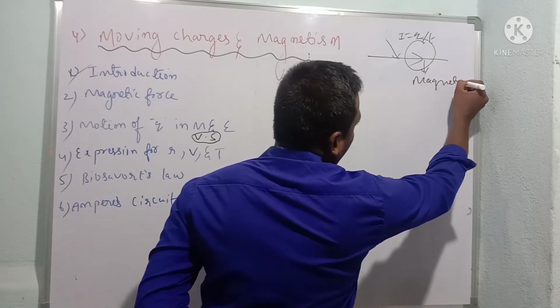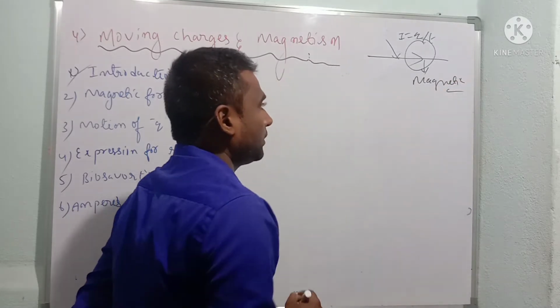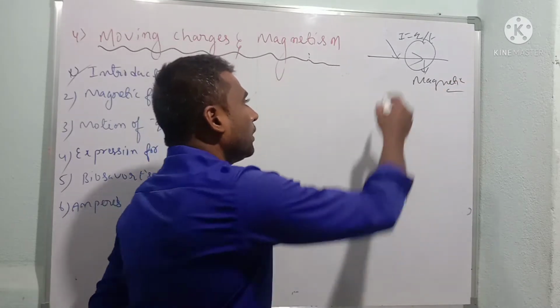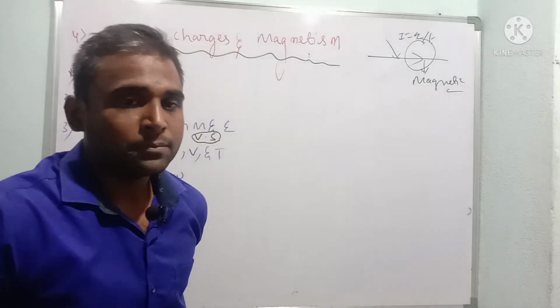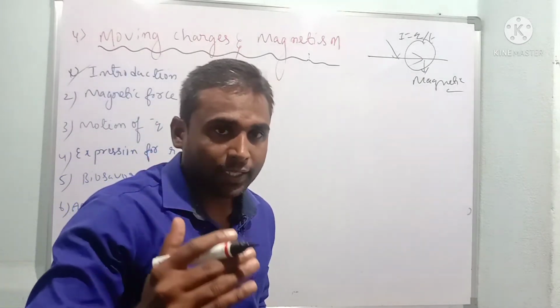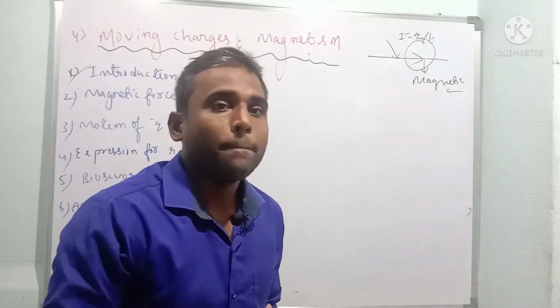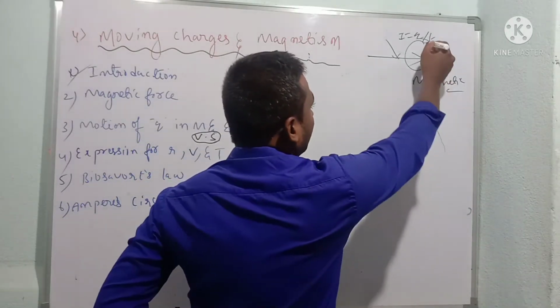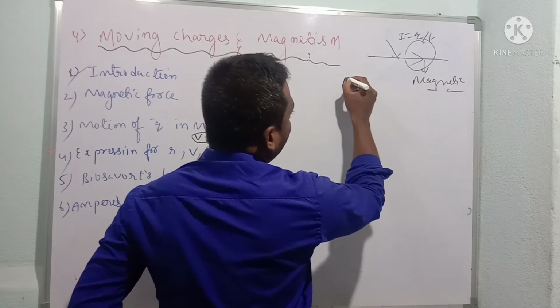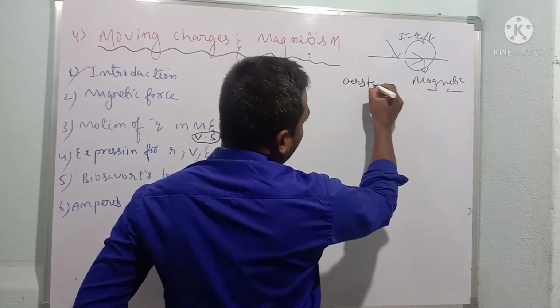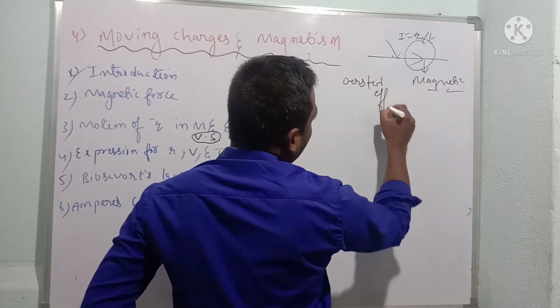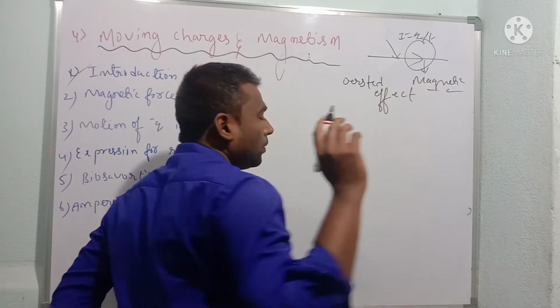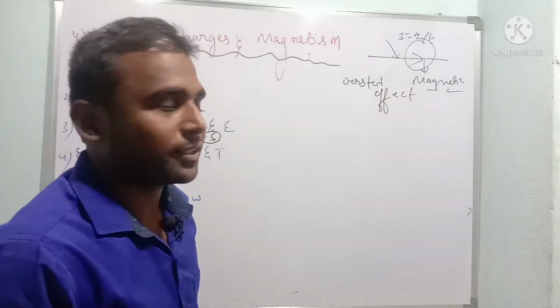This was first explained by Ørsted, and hence this effect is called Ørsted effect. Whenever a current carrying conductor produces a magnetic field around that current, this is called Ørsted effect. Which effect, students? Ørsted effect.